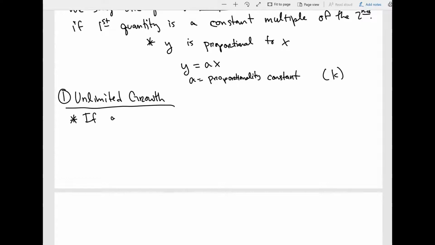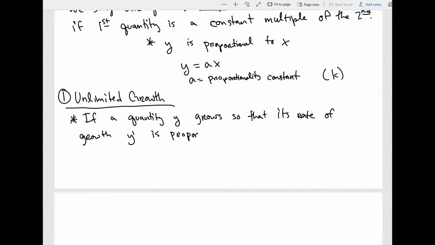If a quantity y grows so that its rate of growth, y prime, is proportional to its present size, present size, let me just call that y, then we can write it this way: y prime is equal to a y.